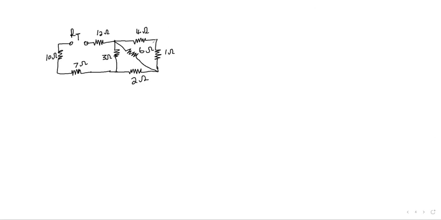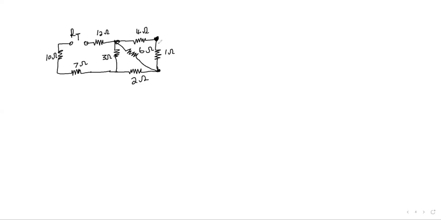So now I will first identify the type of connection I have. You always start away from your source. So how are 4 ohm and 1 ohm connected? It's series, only one point.